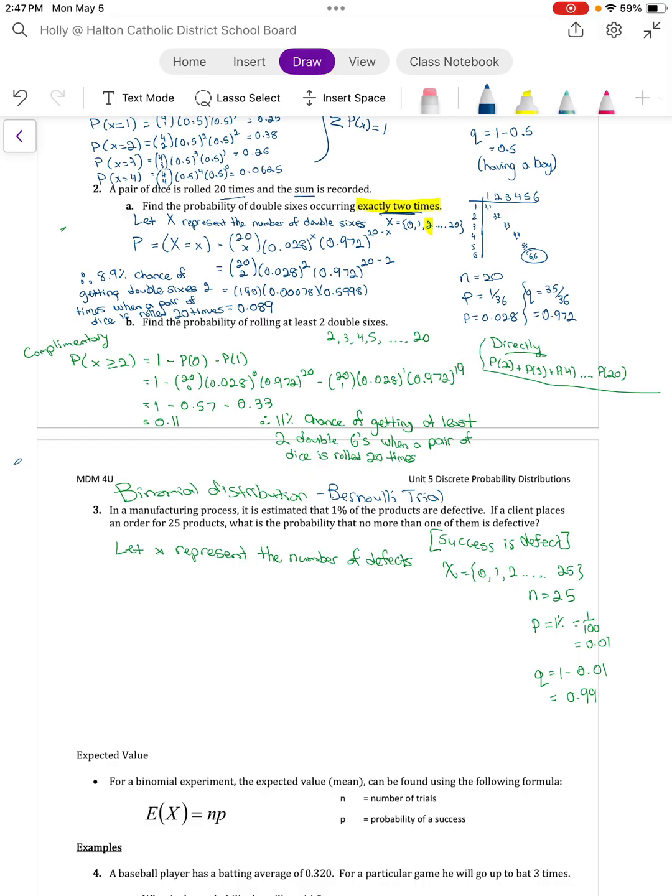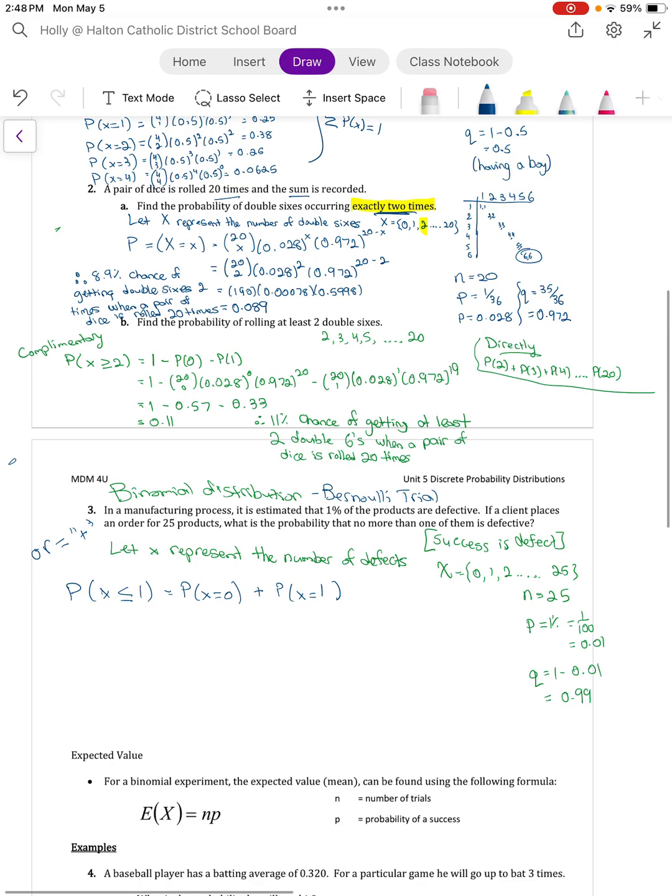So we want no more than one being defective. That means we need the probability of X less than or equal to 1. So we can have the probability of X being 0, so no items are defective, or, and "or" is plus, one item is defective.